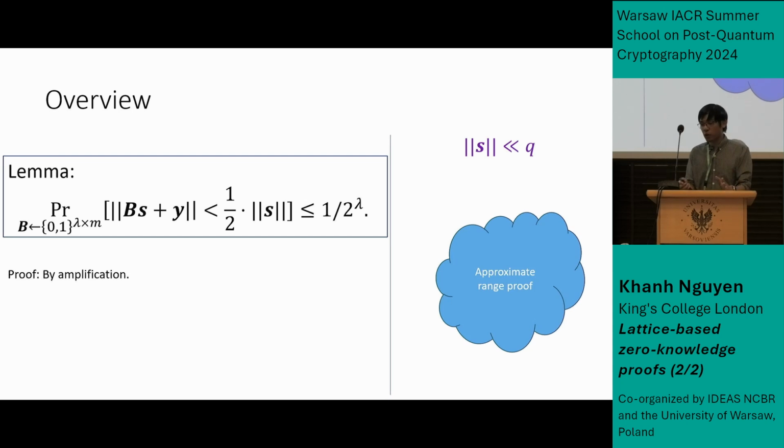In other words, to be very informal, with overwhelming probability, if BS plus Y is short, then the norm of S must have been short. So that's the key strategy for the approximate range proof. Any questions about the idea?